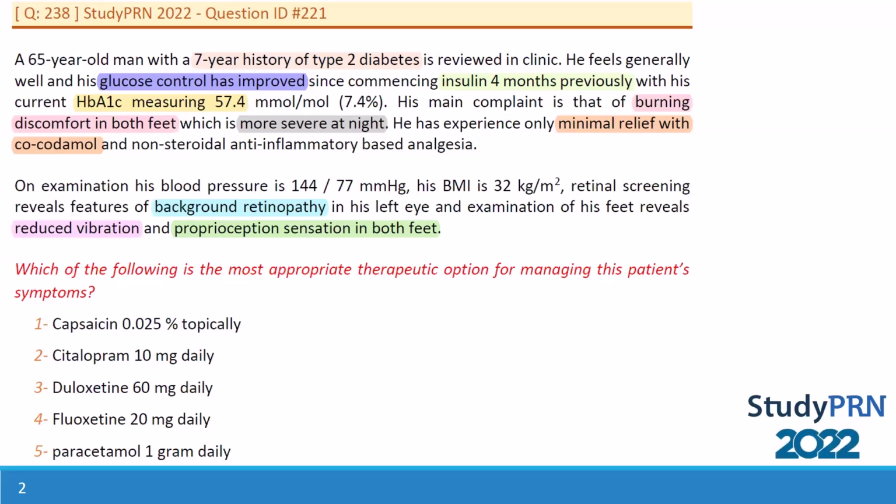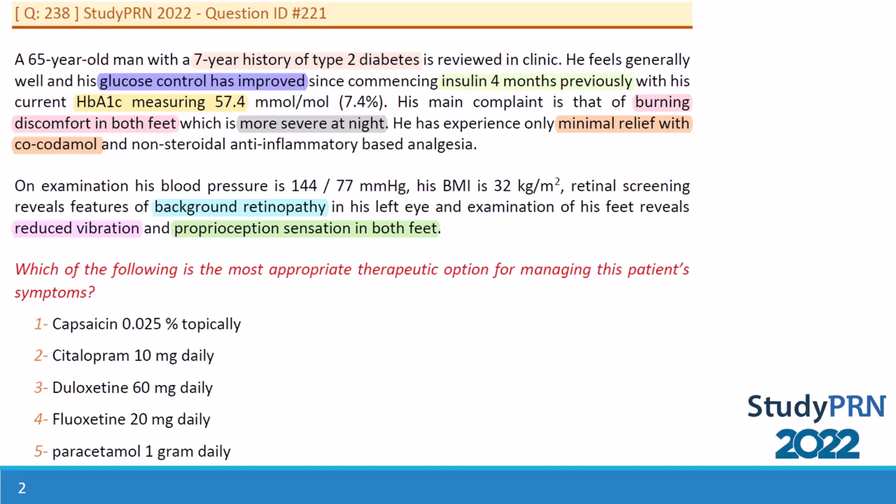And actually, this question from the study we are in: this is a 65-year-old male presented with 7-year diabetes mellitus, and he feels generally well and his glucose control has improved. He commenced insulin 4 months previously. Hemoglobin A1C is 7.4. There is a burning discomfort in both feet, more severe at night.